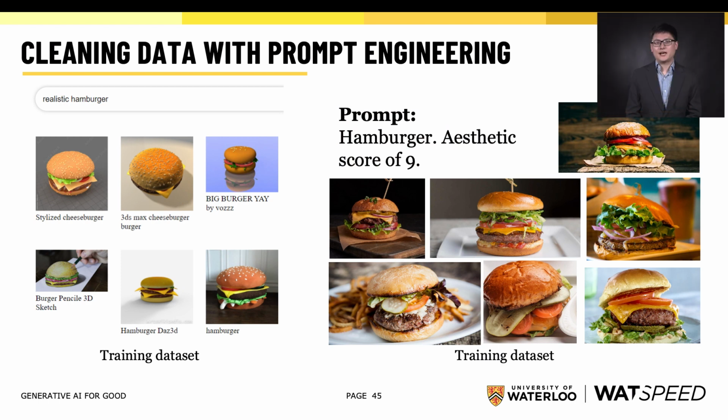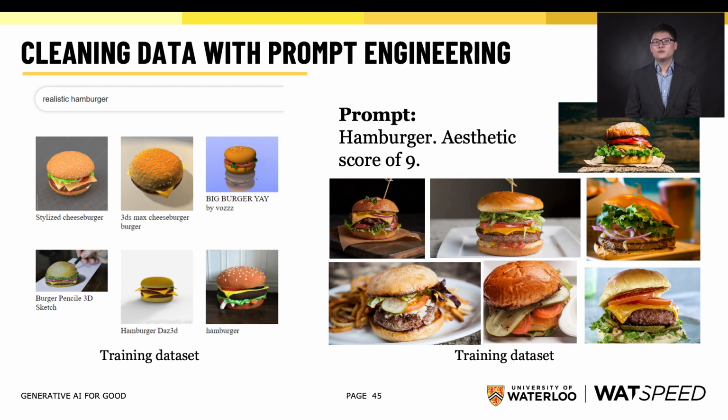In this case, we clean our data with prompt engineering. In these slides, we show an example on hamburgers. We searched the LAION-5B database on "realistic hamburger", and we saw that those images are not realistic.